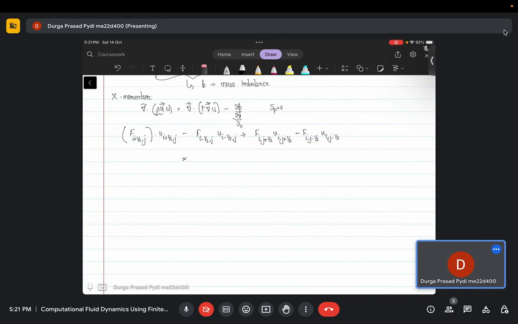This will equal delta y times p at i, j minus p at i plus 1, j, and then you have your diffusion terms.